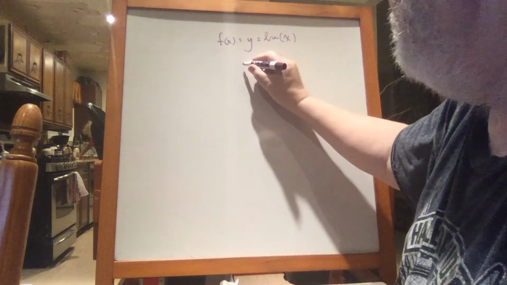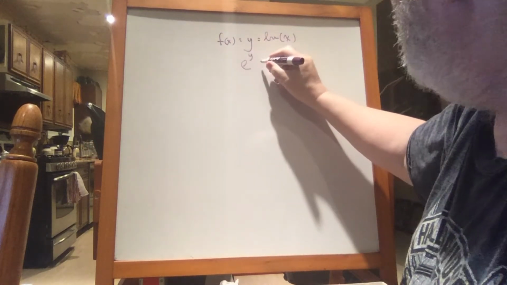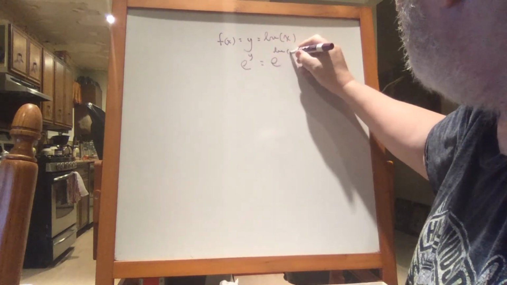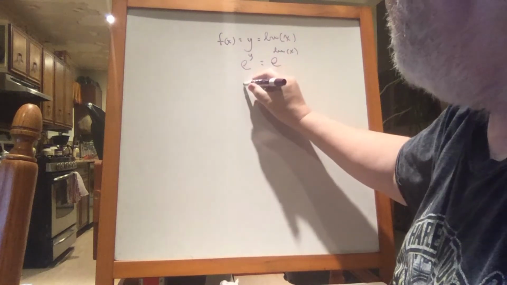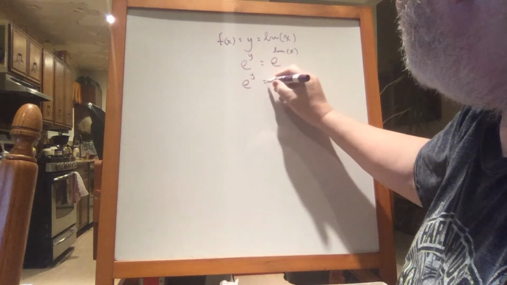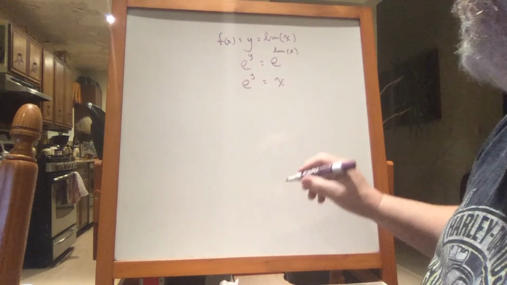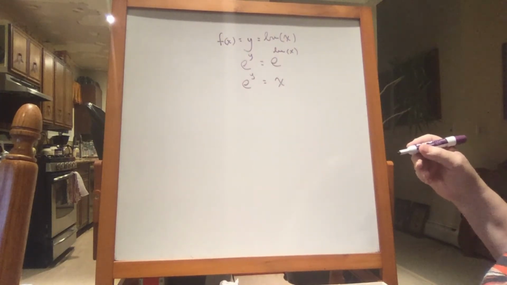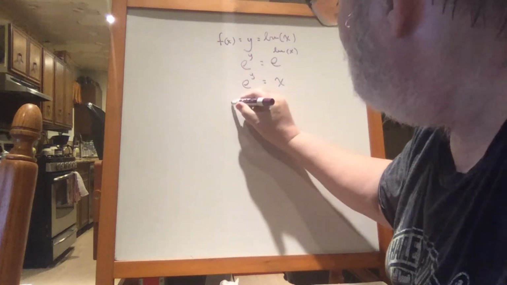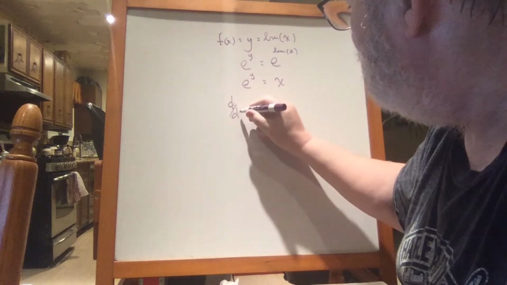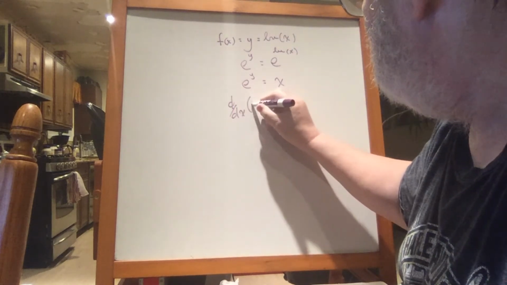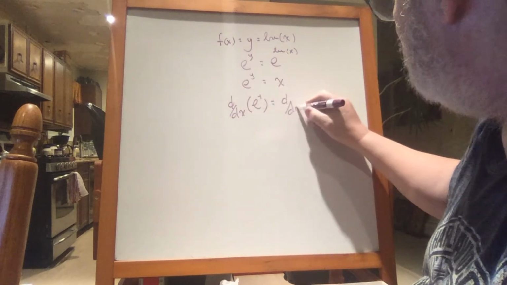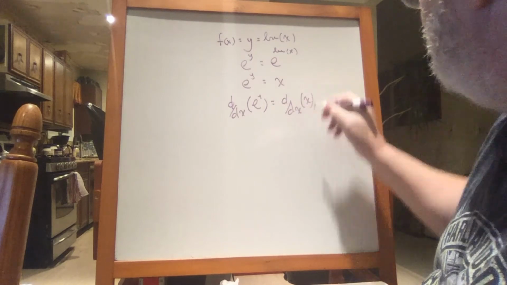So if we raise e to the power of both sides, we have e to the ln x, and that's e to the y equals x. Now, if we take d dx on both sides as an operator, we have d dx of e to the y equals d dx of x.